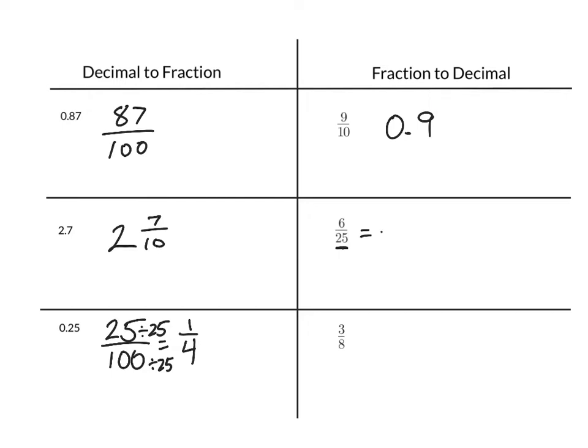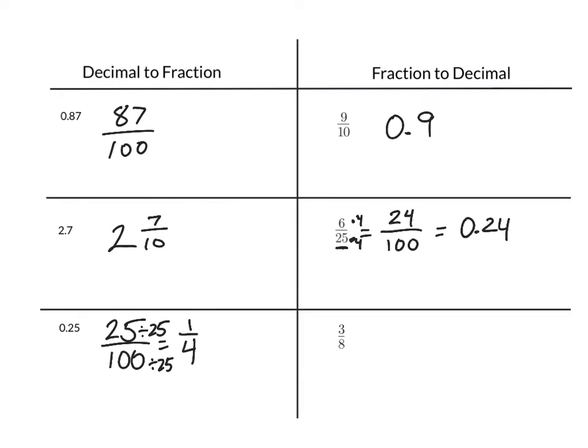We can get this to equal something out of 100, because if I multiply 25 times 4, I get 100. So I just have to multiply the 6 times 4, and I'll get 24. So 6/25 is equal to 24 hundredths, and 24 hundredths is written as a decimal, 0.24.